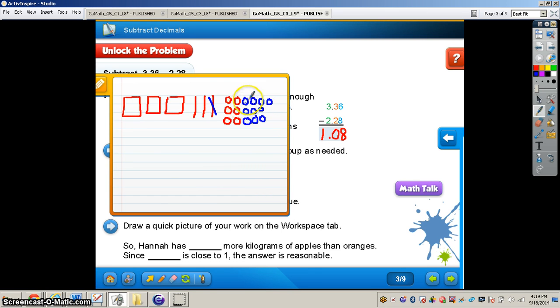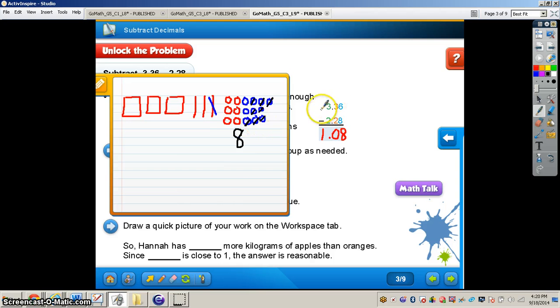Now what we need to do is take away 8 of these. So we need to take away 8 hundredths, and I'll use black for this. So 1, 2, 3, 4, 5, 6, 7, 8 total taken away. So that means we have 1, 2, 3, 4, 5, 6, 7, 8 hundredths.